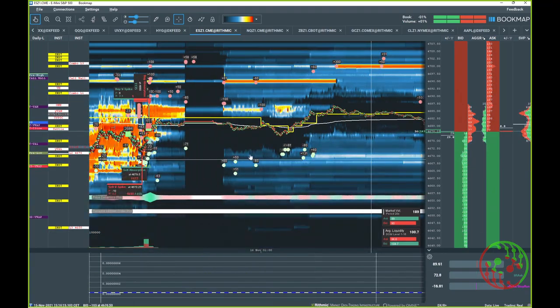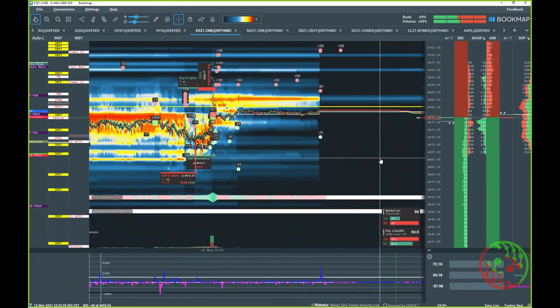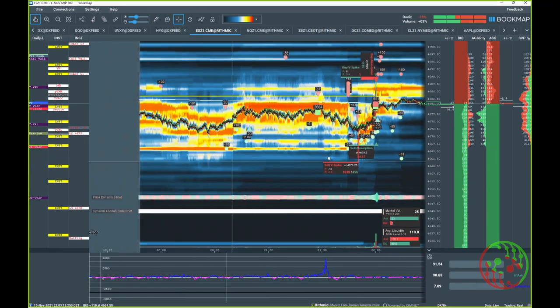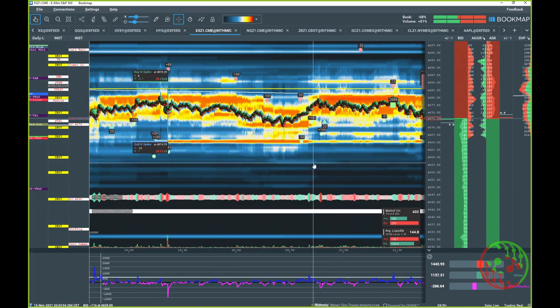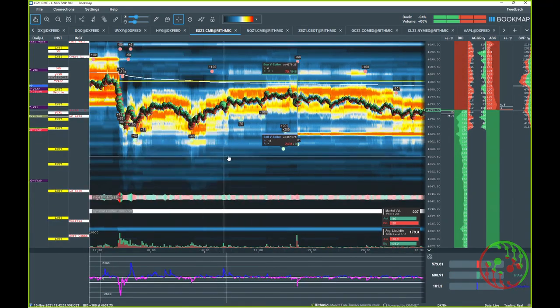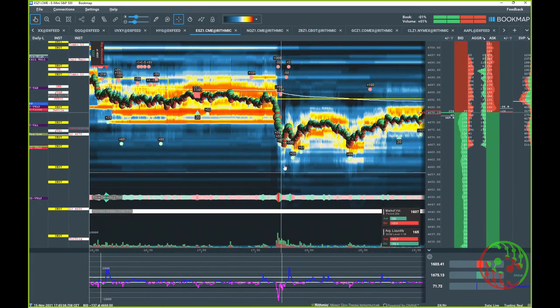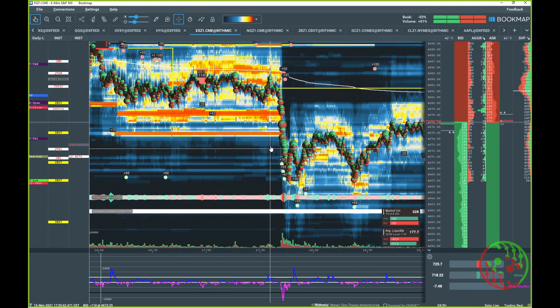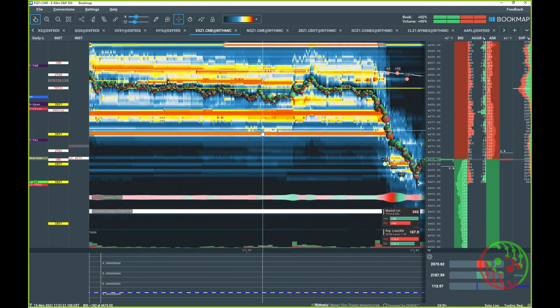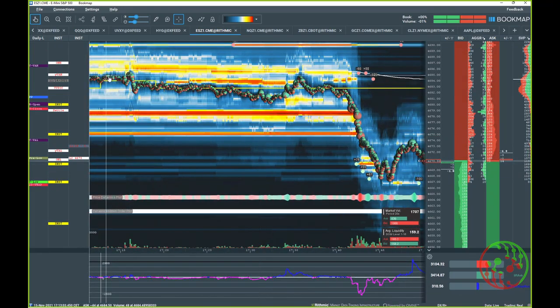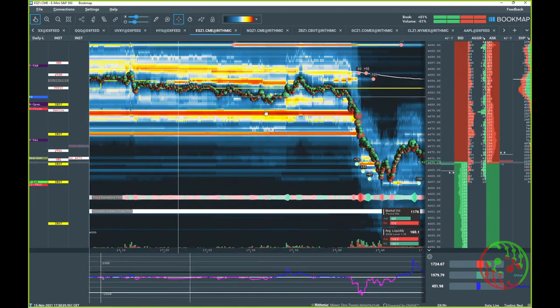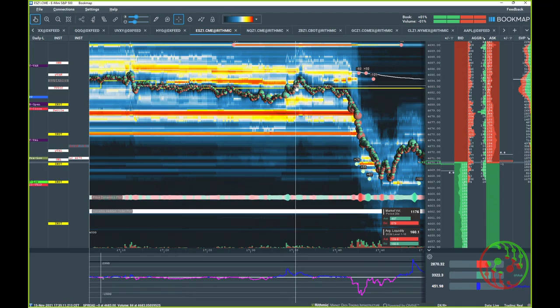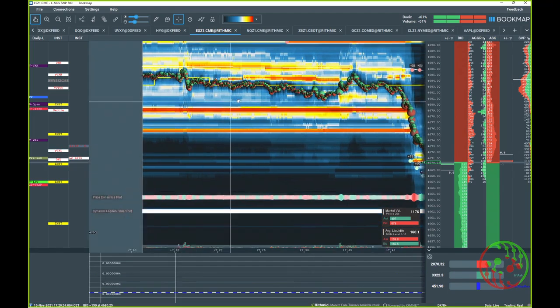The question was, let me go back and find this price level. I think it was that area. The question was, how do we know?